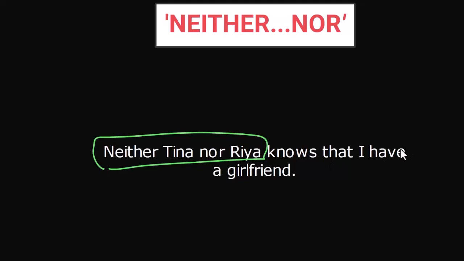I'm just lying, I'm just making this stuff up. I don't have a girlfriend, okay? Just for the fact. Neither Tina nor Ria, not this, not even this one, knows that I have a girlfriend. So when you want to negate two subjects, use neither nor and form a compound subject.